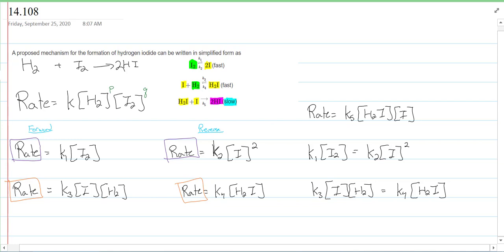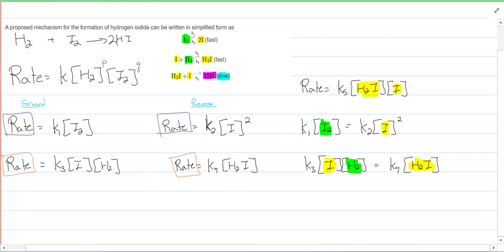My intermediates, in yellow, are I and H2I. The reactants that we're looking for are I2 and H2. So what I need to do is solve for these intermediates.